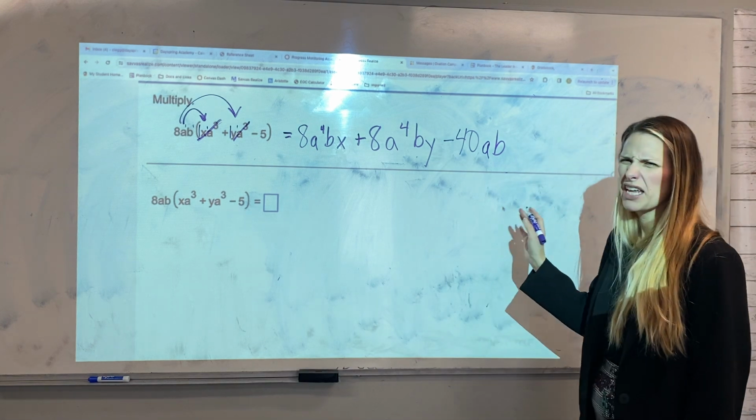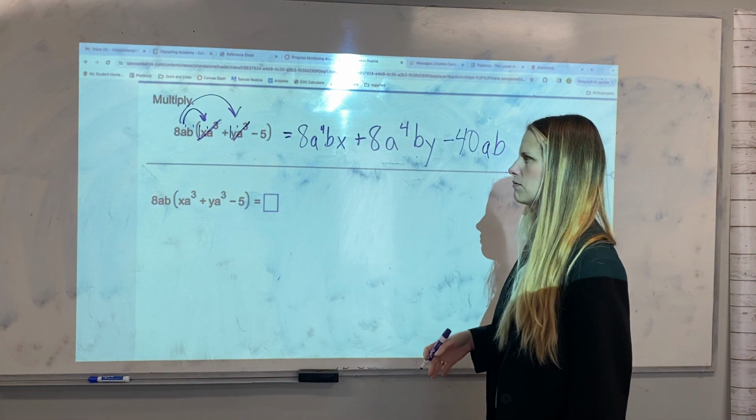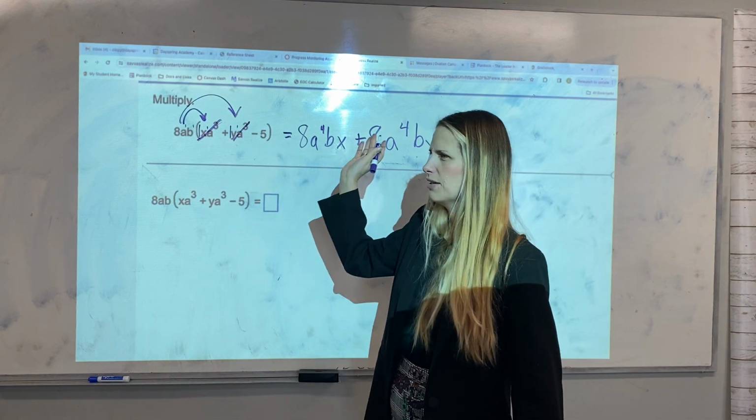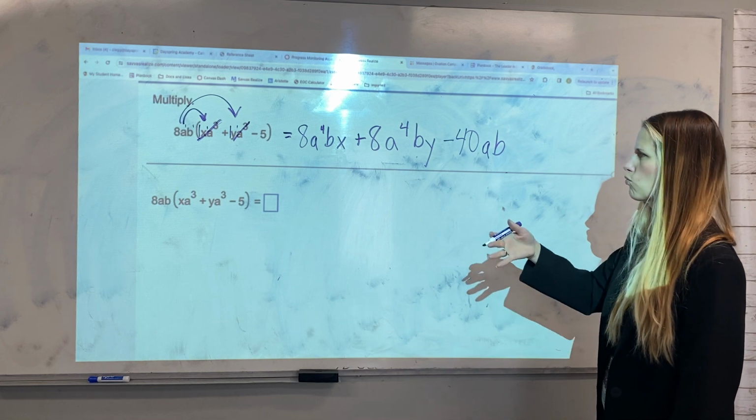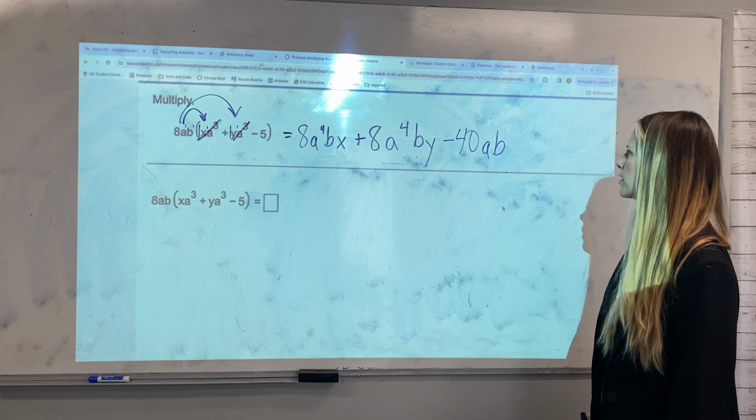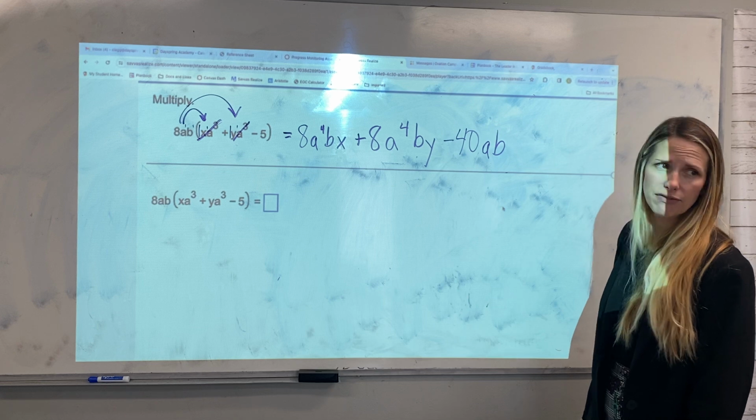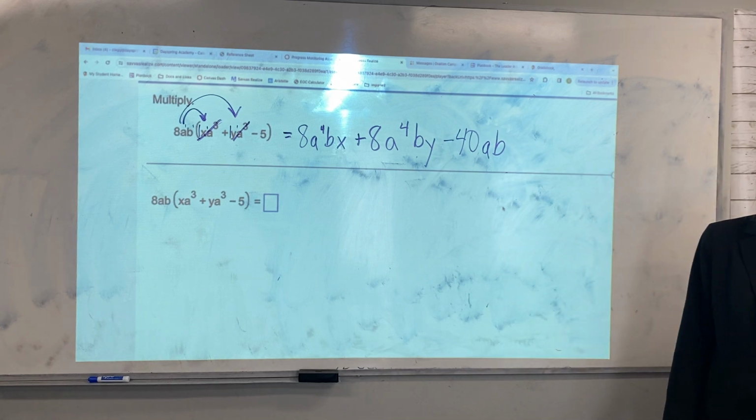So I didn't go to all the trouble of writing that one out since there weren't any variables here. It was super simple to just multiply my coefficients and then write the variables that are in that term. That's the final answer for this. Mine is just ab for the first number.